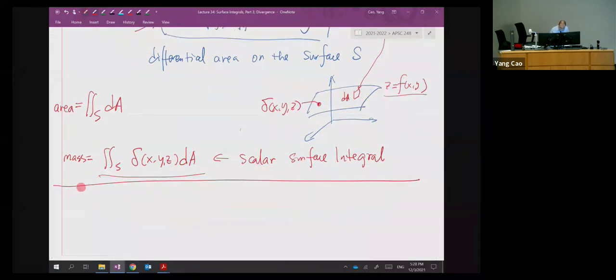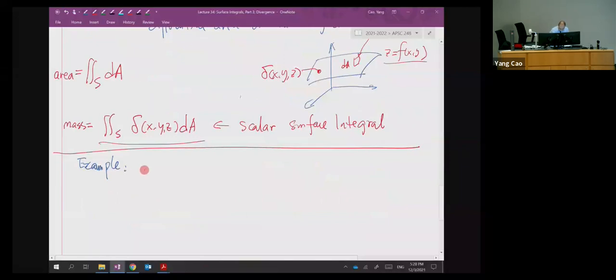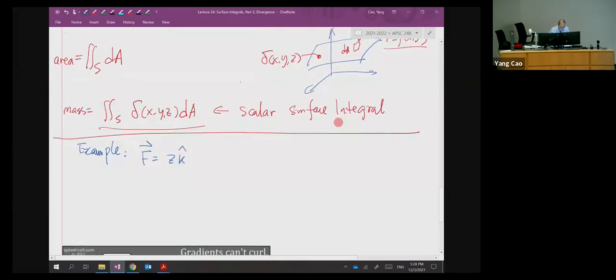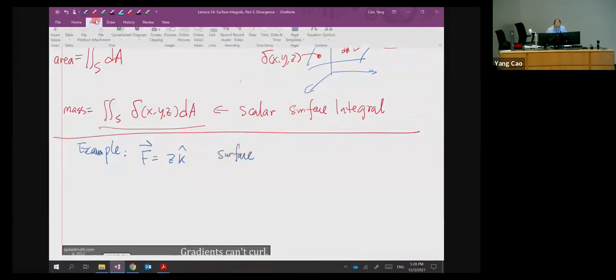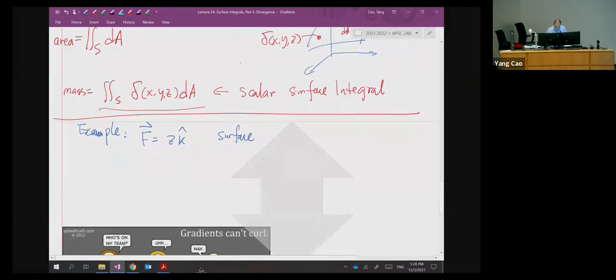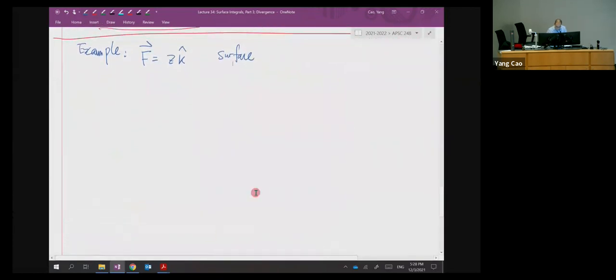Let's look at an example of how we can actually make use of the formula. Given a vector field F equal to z k hat, and also a surface z equal to x squared plus y squared, where z is between 0 and 1.